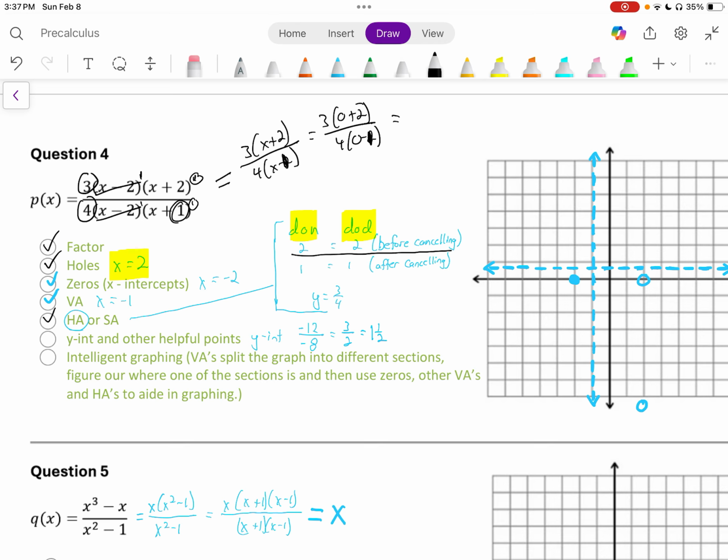And so we have 2 times 3 is 6, and 4 times negative 1 is negative 4. I did this differently, I put it into the original. Either one works. I got a 6 over a 4, which reduces to 1.5. And so we have a y-intercept at 1.5.